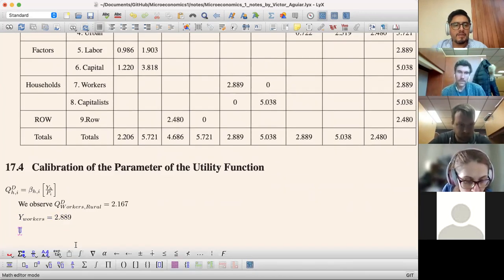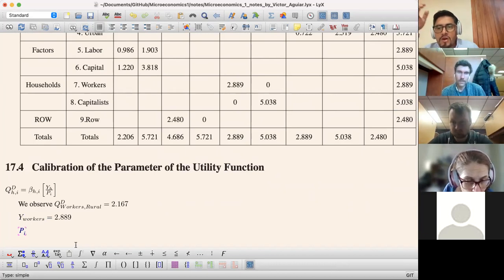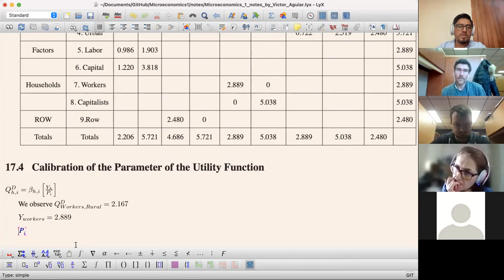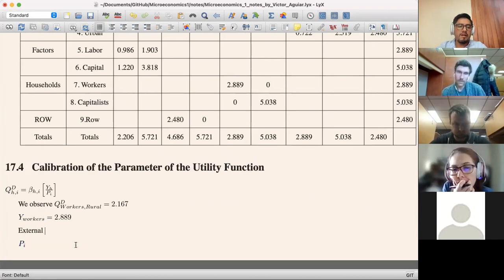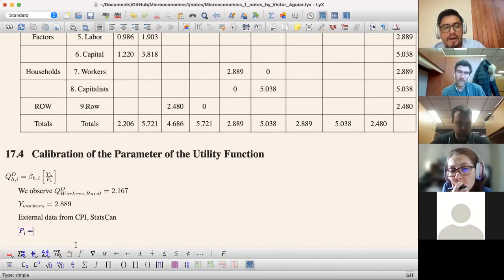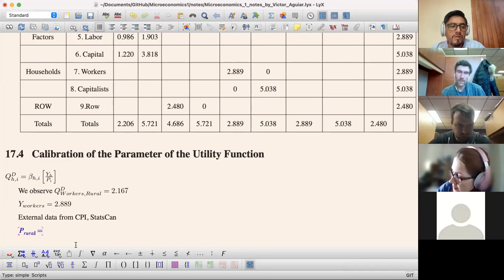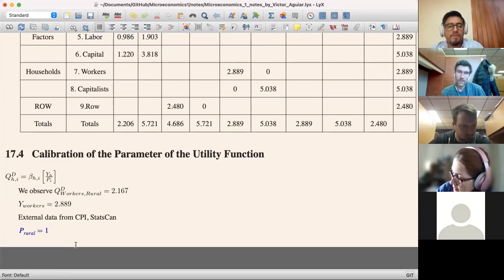Now, what are the prices? Usually you have to get it as an outcome of the general equilibrium, right? But for instance, at this stage, you can do an initialization using data from the CPI. So you have to use some external data from CPI stats, right? StatsCan, for instance. And then here you basically fix the price of the rural goods to whatever you found.